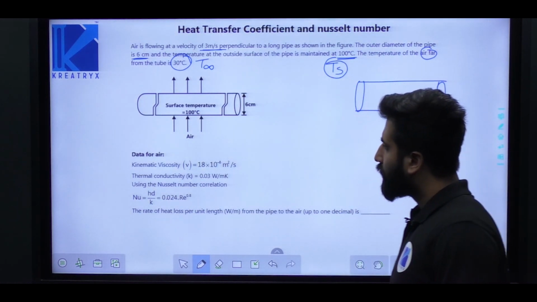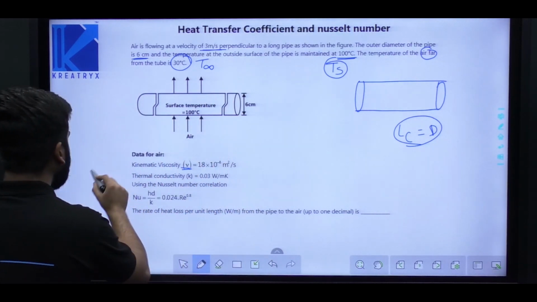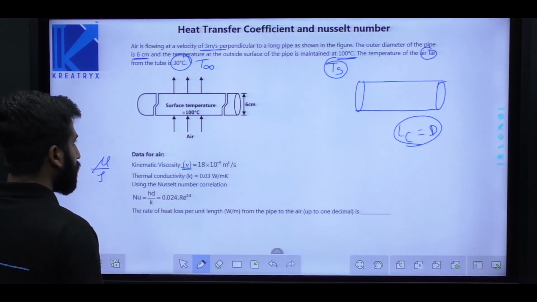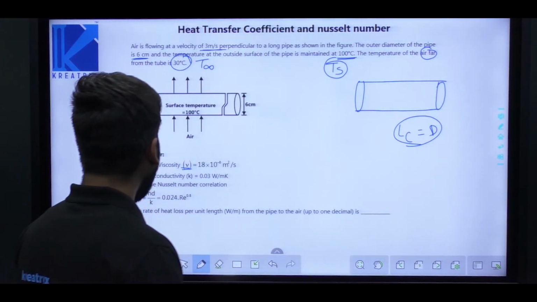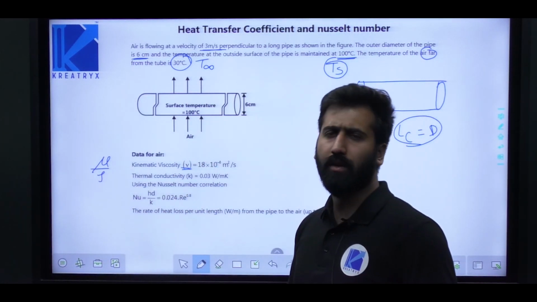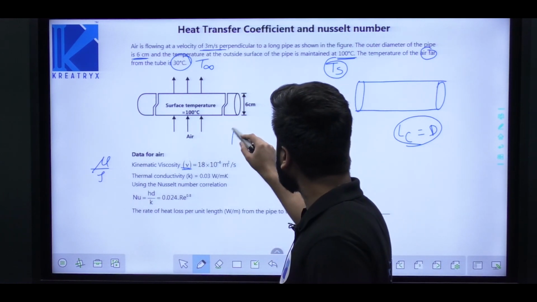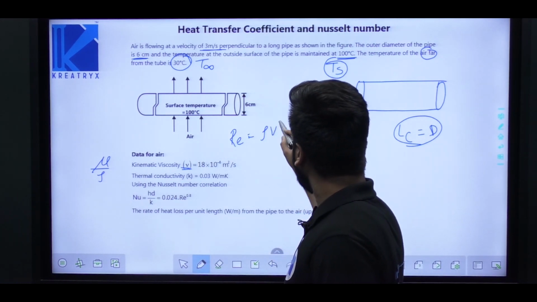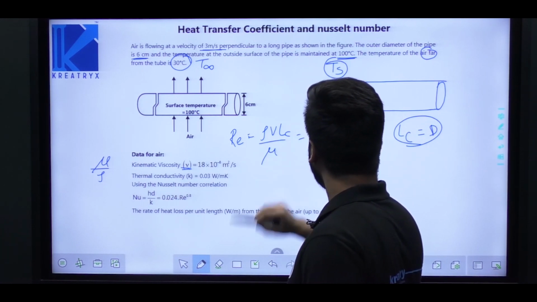Data for air is given, that is, kinematic viscosity is given, which is mu by rho. So whenever the question is of convection, in many cases you will have to use a Reynolds number. So Reynolds number is rho V Lc by mu, or V Lc by nu.